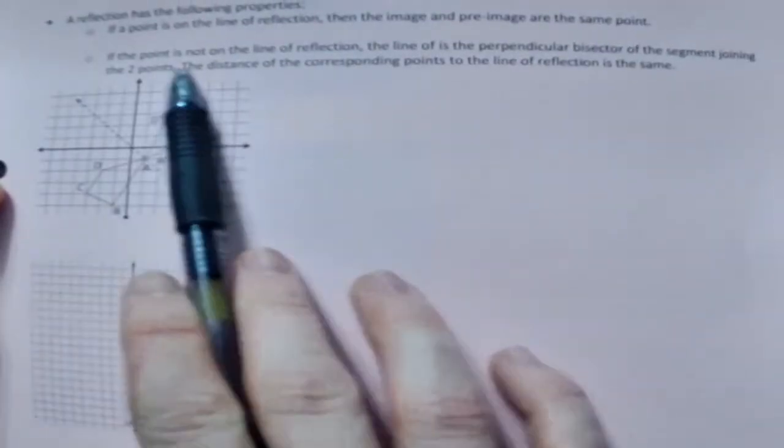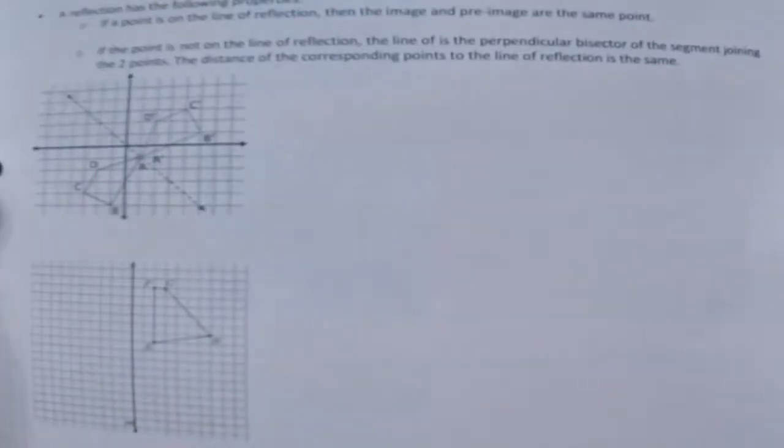Now, if the point is not on the line of reflection, the line is the perpendicular bisector of the segment joining the 2 points. The distances of the corresponding points to the line of reflection are the same. So if you drew a straight line, let's say to D and D prime, when it goes through this line, it would be going through at a 90-degree angle, and both sides would be the same.